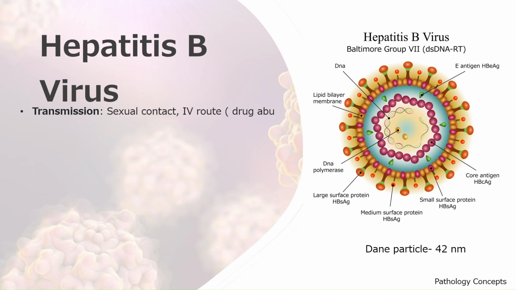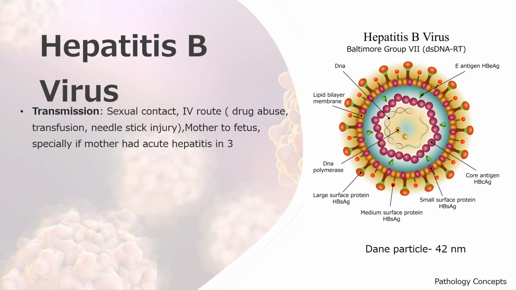The transmission of hepatitis B virus occurs through sexual contact, IV routes such as drug abuse, transfusion, needle stick injury, and mother to fetus, especially if the mother had acute hepatitis in the third trimester of pregnancy. The incubation period is 1 to 4 months.